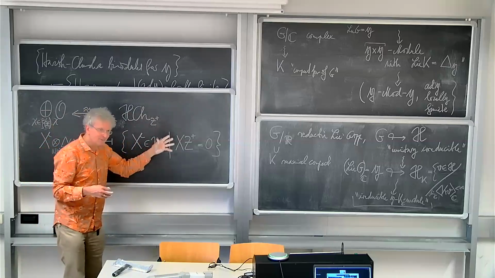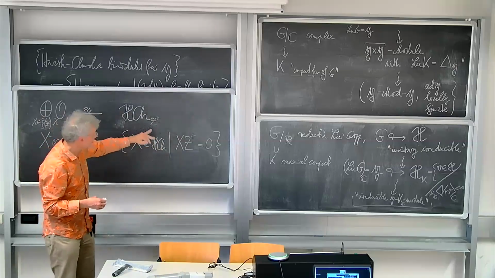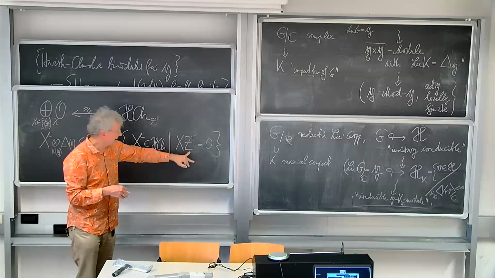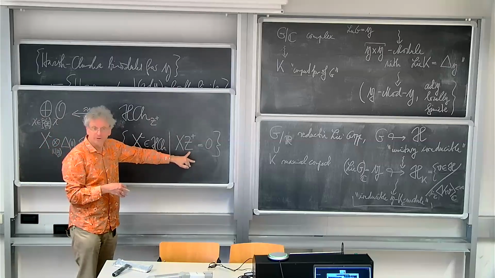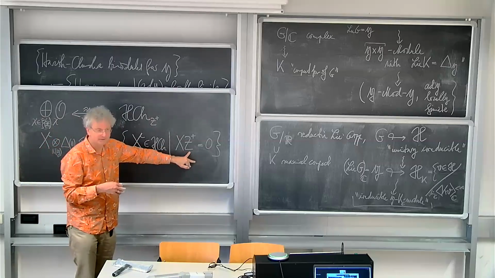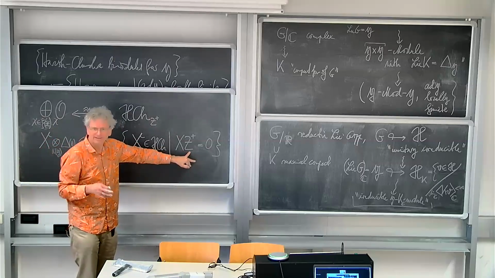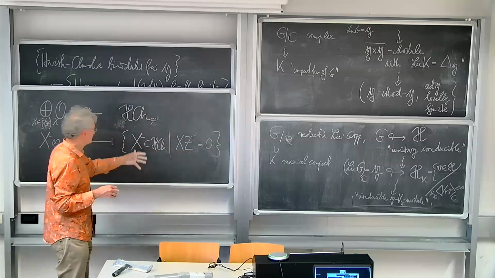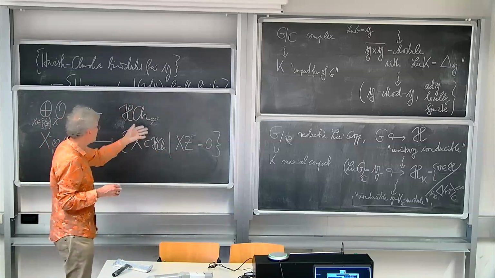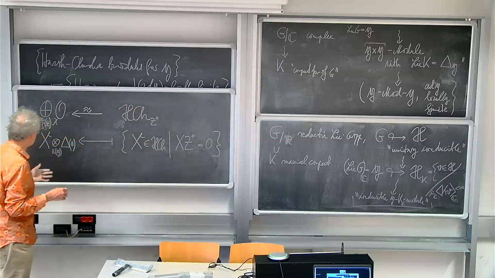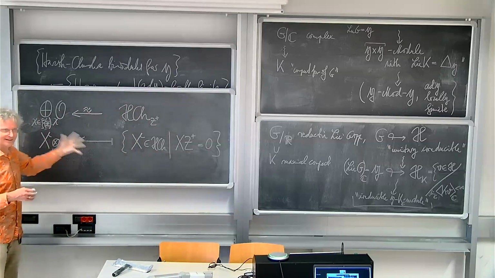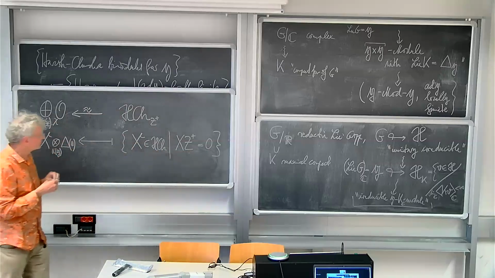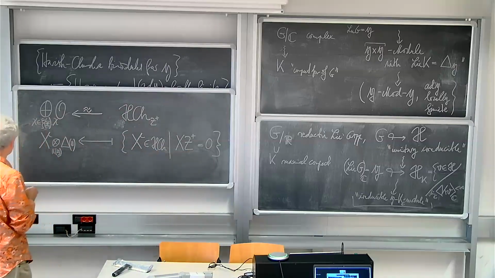And here we only consider those which are killed by the action of the center from the right. This is an odd part, and from the point of view of representation theory, it's kind of odd. But it's easy, odd and easy. So this is the reason we study this.